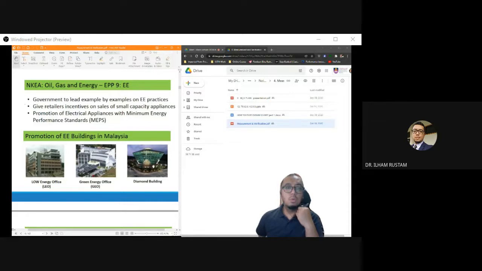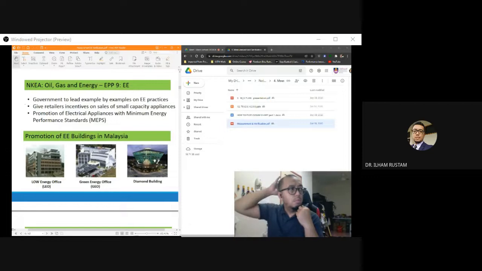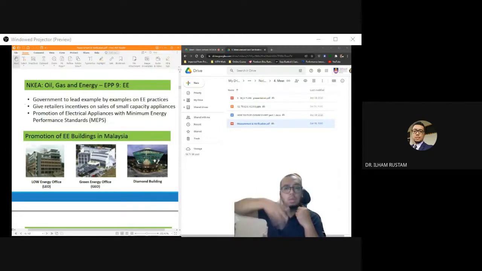If you have been in Putrajaya, it's the one in Precinct 2, I guess behind the TM building, maybe I'm wrong, around the Palace of Justice area, behind it. The Diamond Building allows for natural lighting.